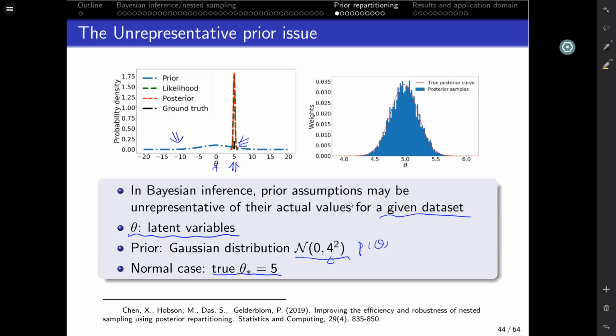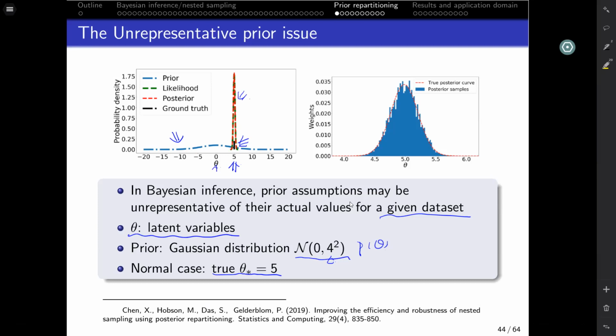Because we also define Gaussian noise, our likelihood is a Gaussian, the dashed green, difficult to see here, but it means our likelihood distribution will be around this one, and the theoretical posterior should also be very close to the likelihood, and that's a normal case.